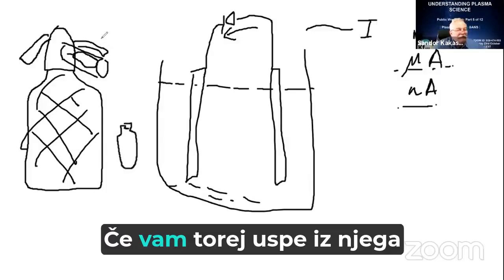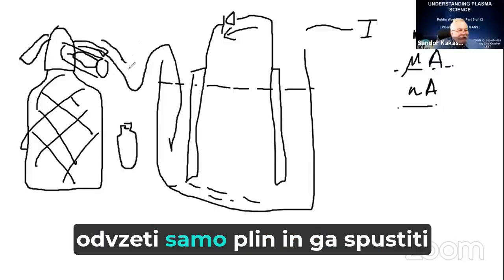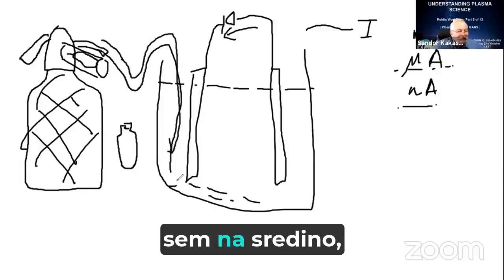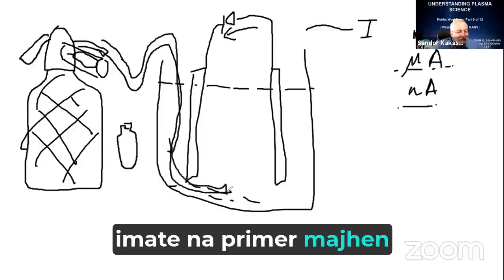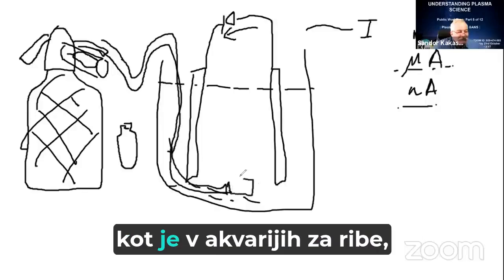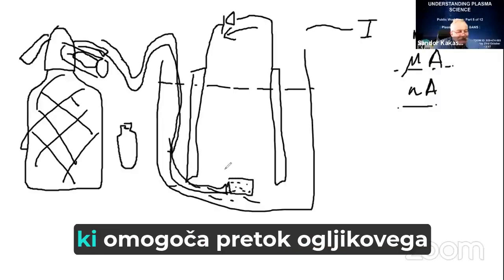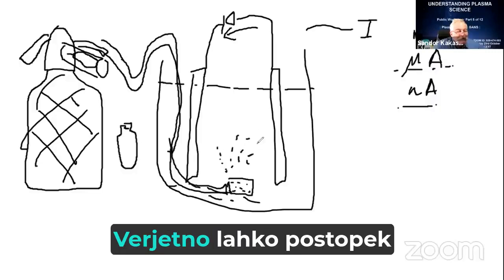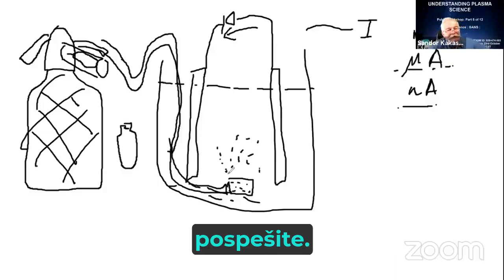So if you manage to take only the gas from it and let that gas go in the middle, for instance, where you have a small porous disperser like for fish tanks, to allow a stream of carbon dioxide, probably you can accelerate the process.